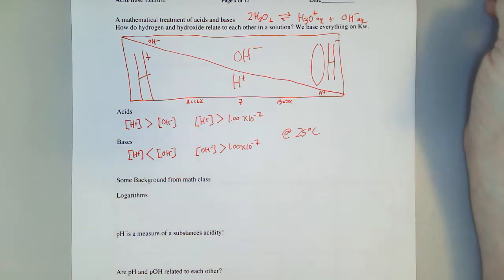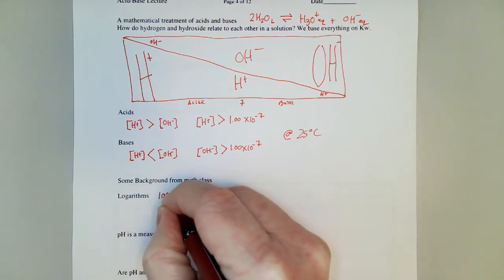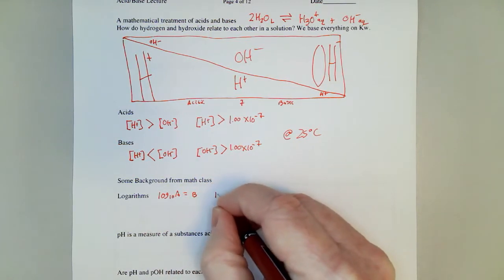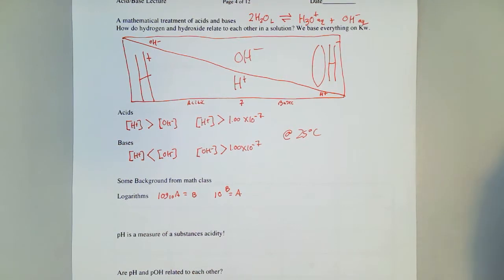So it's going to help if we know a little bit about logarithms. The log base 10 of A is equal to B, such that 10 to the B will be equal to A. Okay? That's an important property. That's the definition of logs, basically.